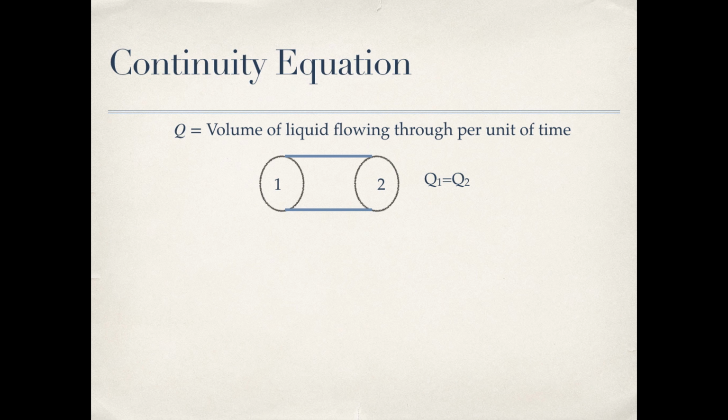Then, because matter does not disappear in a pipe or is not created in a pipe, the amount of matter per unit time which goes in here and comes out here is the same. That is correct only in the case where the liquid moving through this pipe does not interact with the walls, if it does not feel any force acting on it by the external walls of the container.